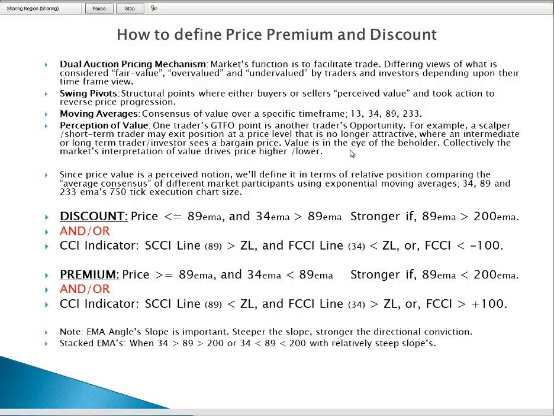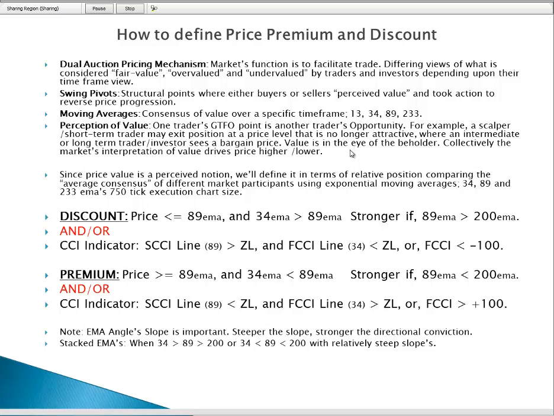Simply, that perception of value utilizing moving averages is that one trader's GTFO point is another trader's opportunity. We all know what GTFO point stands for, right? When one person wants to get out, another person is looking for an opportunity there. For example, a scalper or short-term trader may exit a position at a particular price level that they no longer feel is attractive, based upon their work.